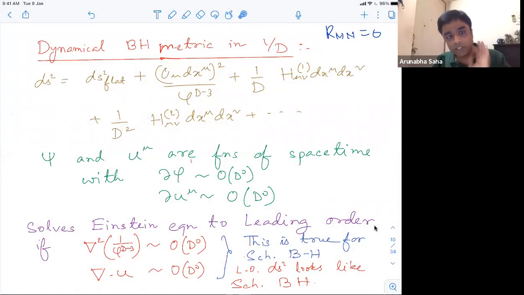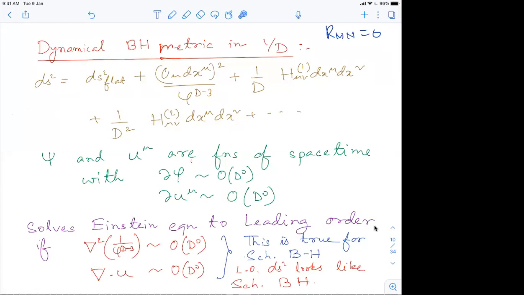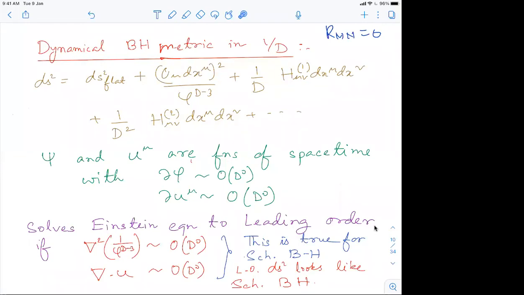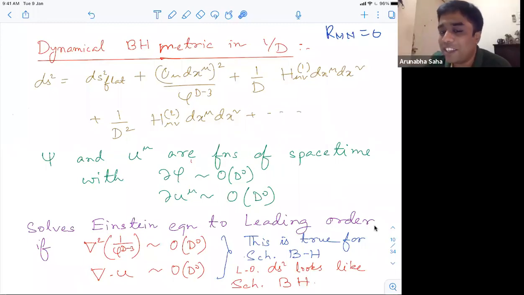Once you have written that, you have one scalar function worth of freedom and one vector function worth of freedom. Then you can systematically add corrections which will solve the Einstein equation order by order in 1/D. The good thing about large D is that you only need to solve ordinary differential equations to arrive at these corrections. The final solution is parameterized by these two functions, obeying their equations of motion, the membrane equations.